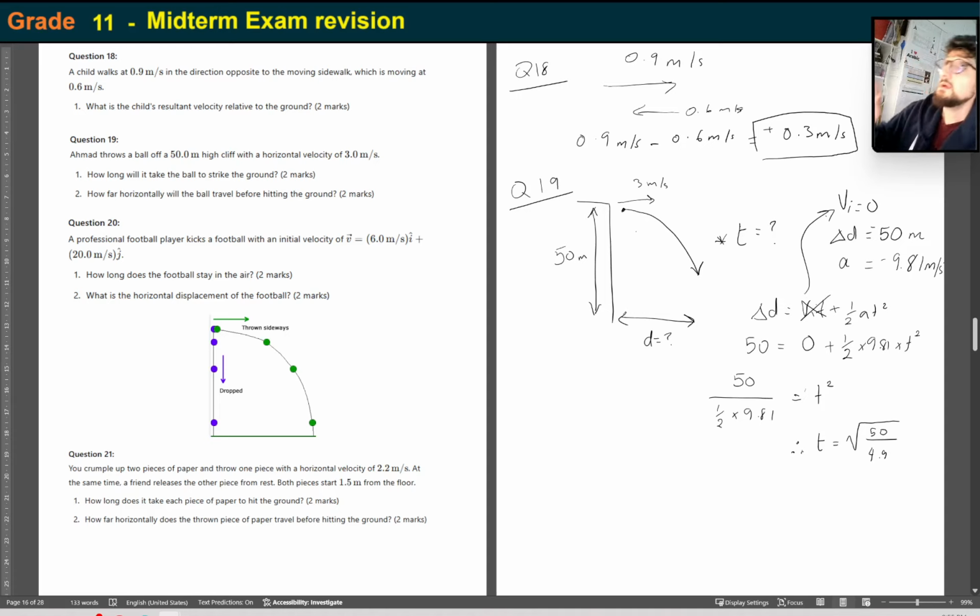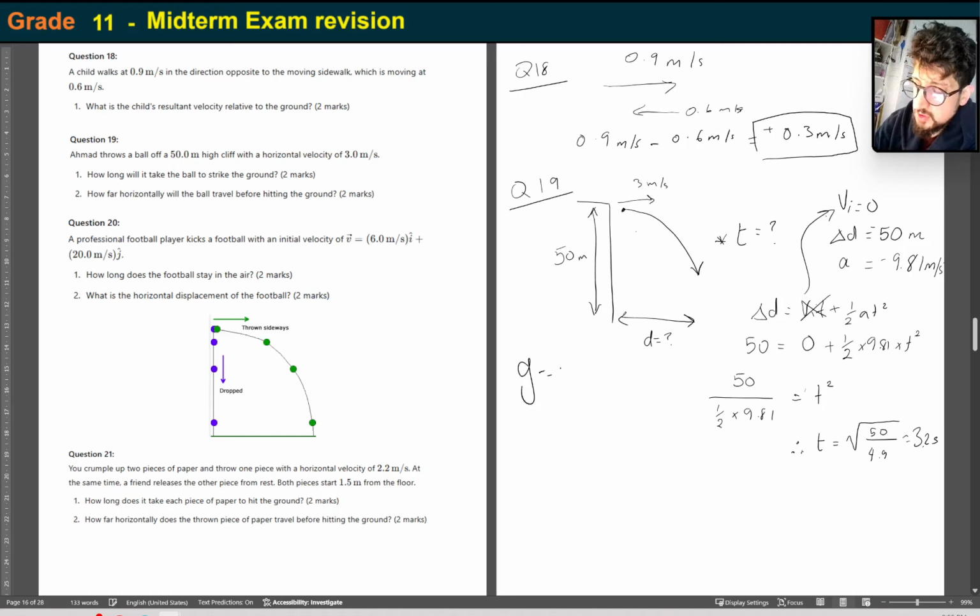Let me just work it out. So 50 divided by 0.5 times 9.81 gives 3.2 seconds.